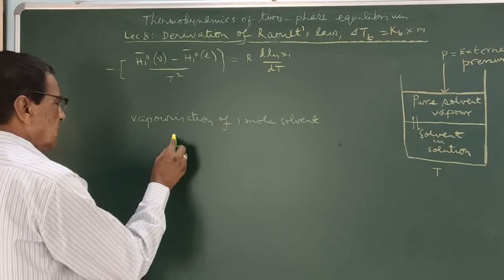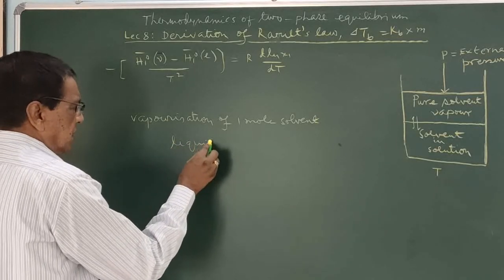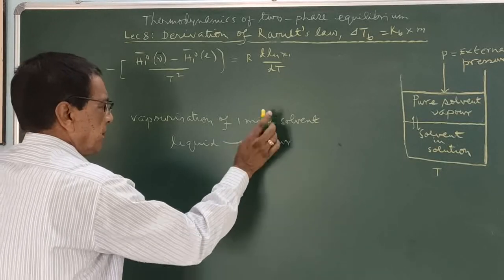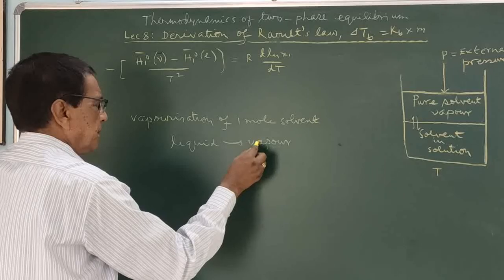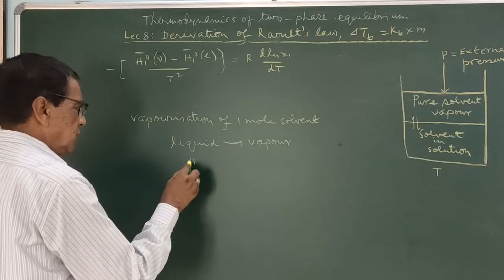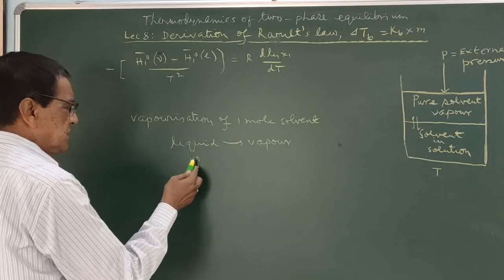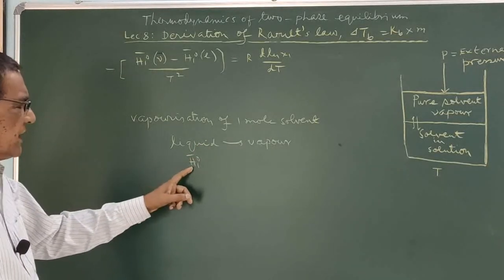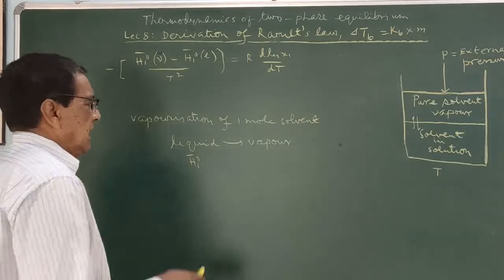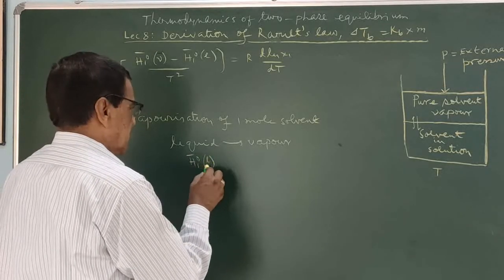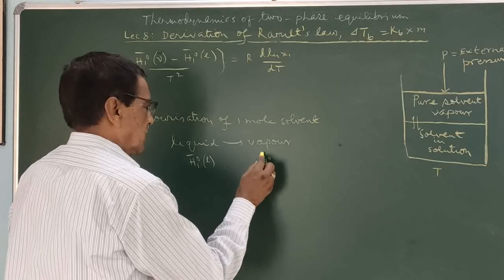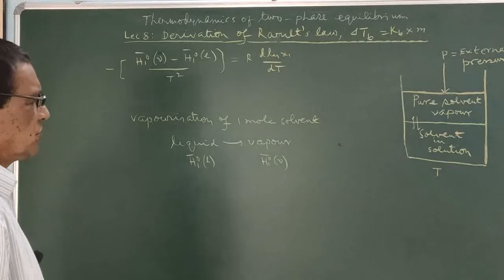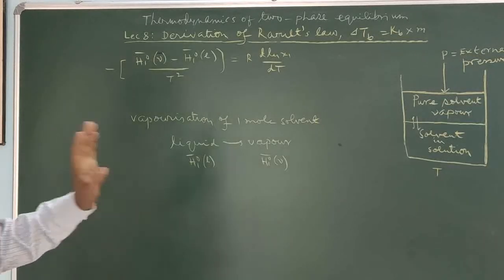So this would be the liquid undergoing change to this vapor. Its value is H1 for this state. This value is the molar enthalpy of this pure solvent in the liquid phase, and this one is the molar enthalpy of this pure solvent in the vapor phase.